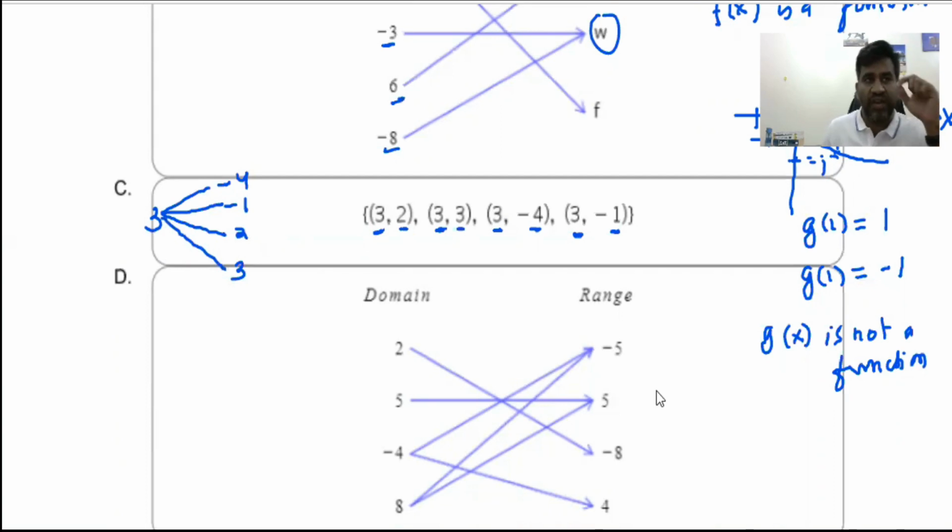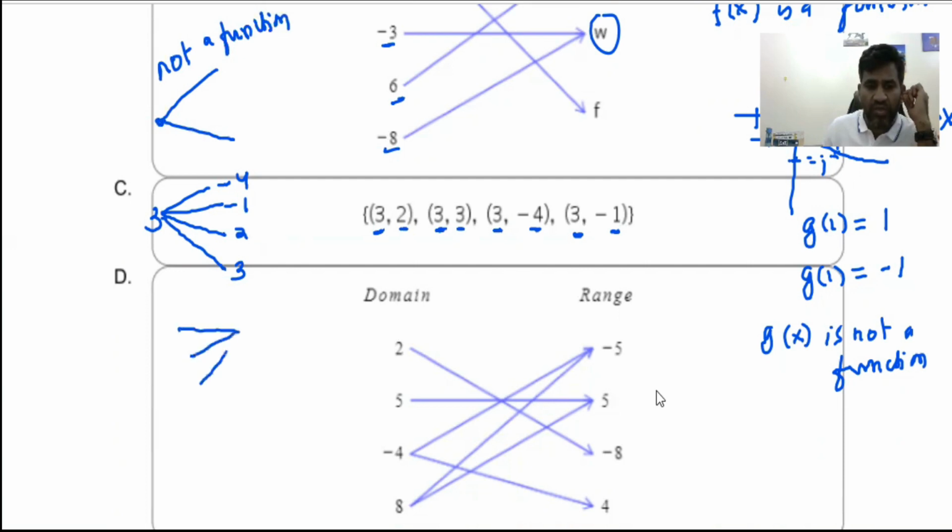So remember, if from the same point the line is going to two or more different points, it is not a function in terms of a graph. But if lines from different inputs meet at one point, I can say this is a function. Just for your understanding, I'm telling you. So C is not a function.